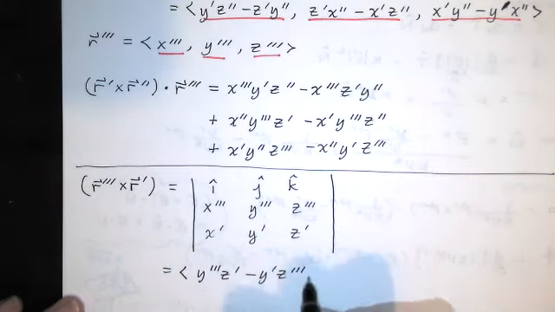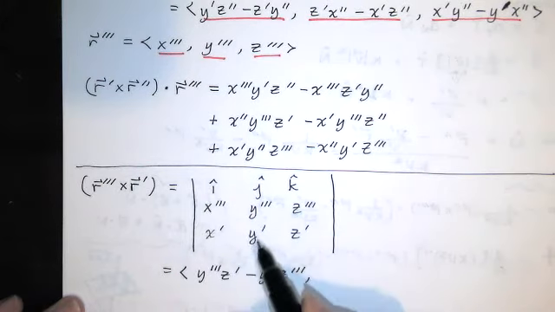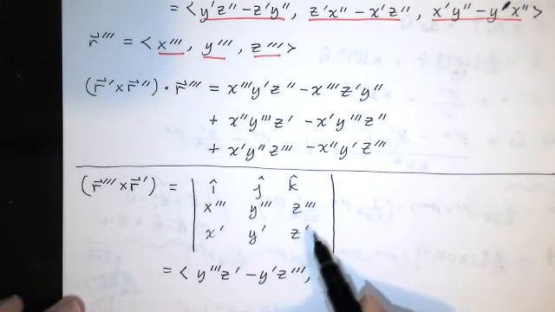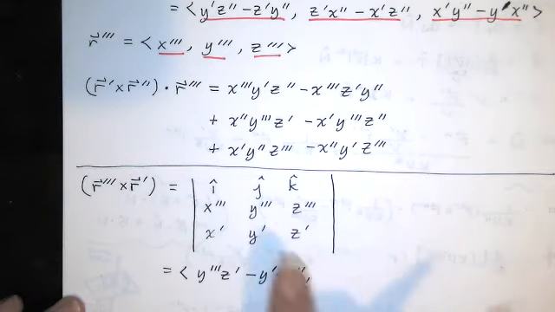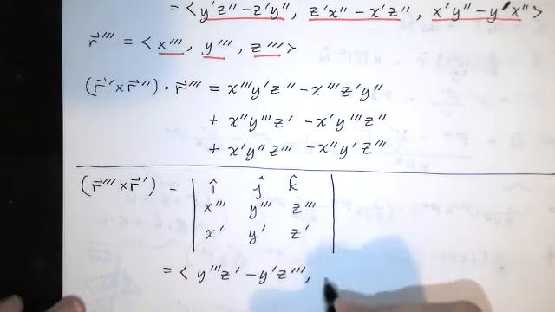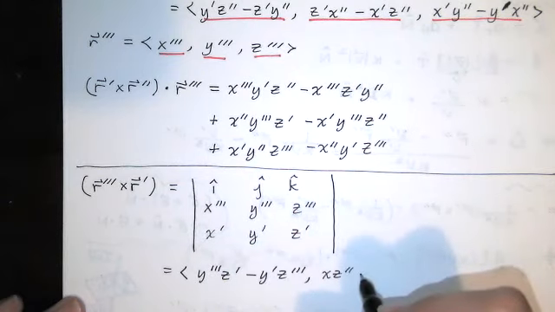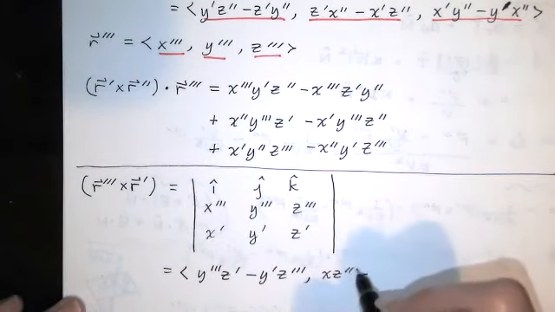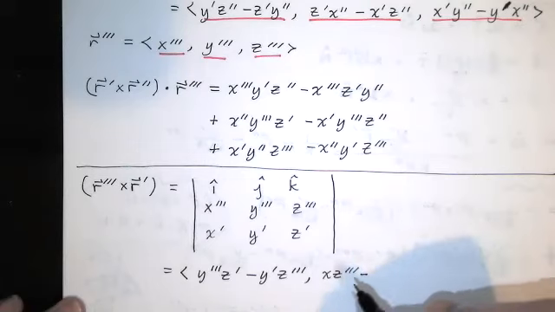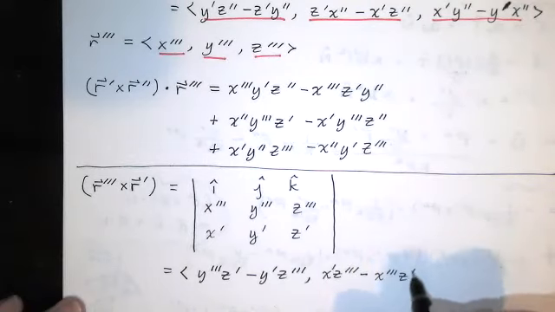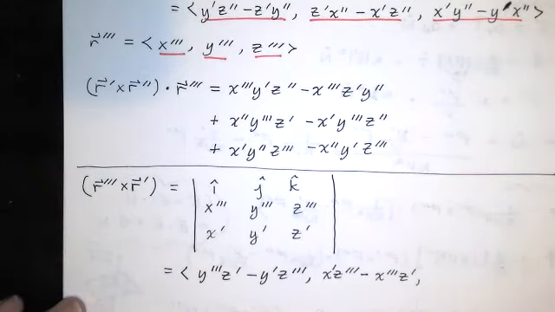Cross out that row and that column. This times this minus this times negative 1. So we're just going to do that times that minus that times that. Okay.